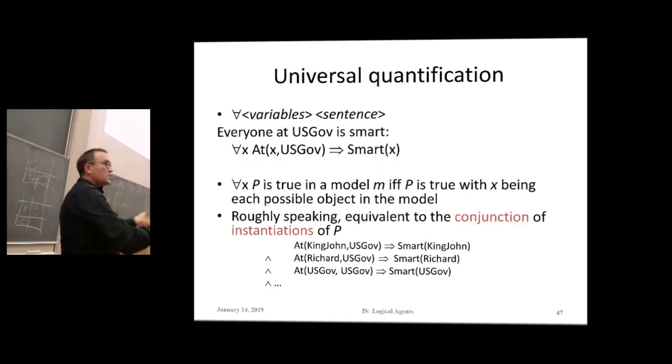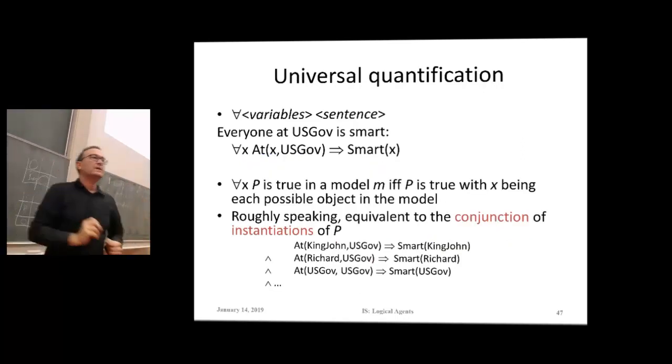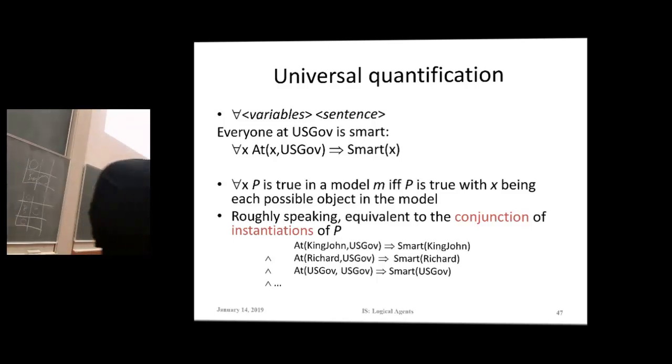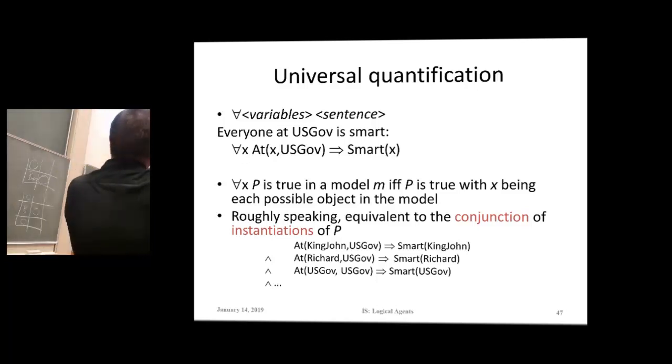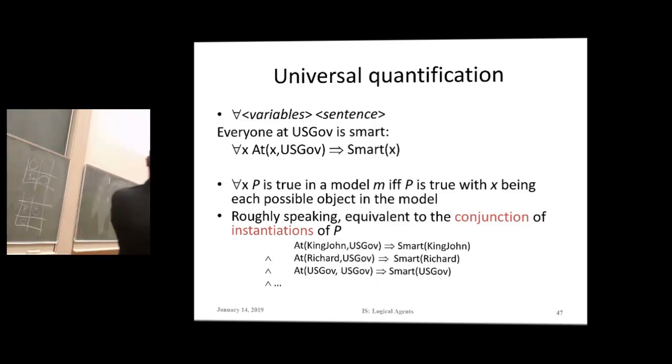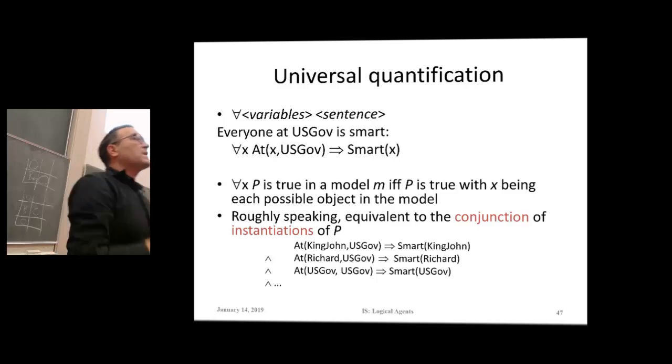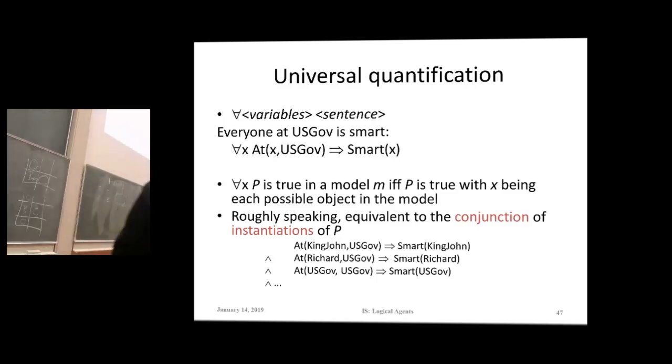And the two remaining things before we leave it for today are then the quantification, where we can say universal quantification, then we have a set of variables and a sentence, and then these variables are applied over sentences, such as sentences like everybody at the US government is smart, which means that for all x, if x is at the US government, then that would imply that x must be smart.